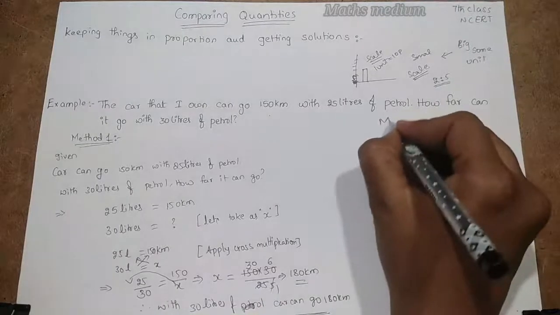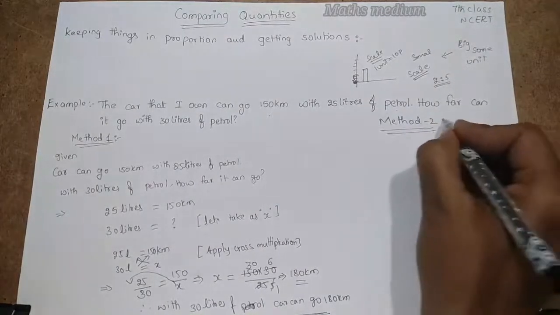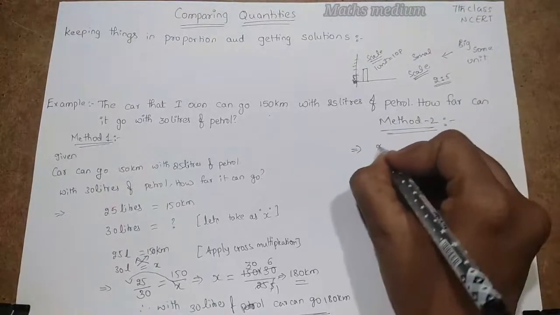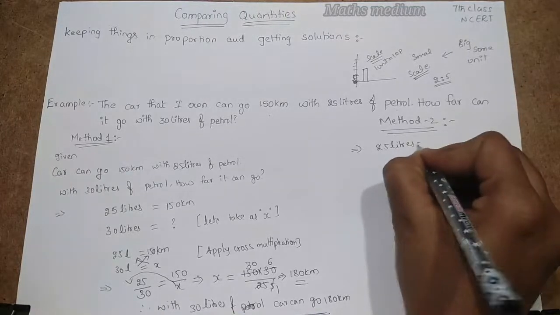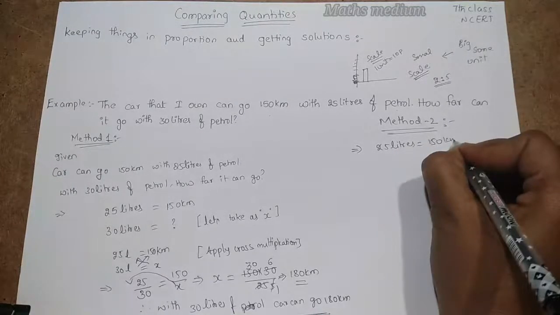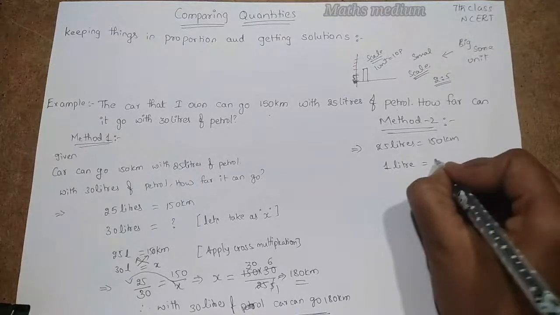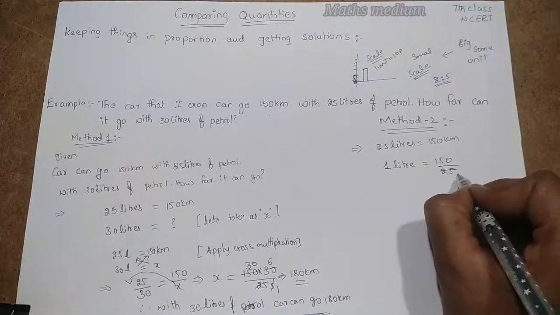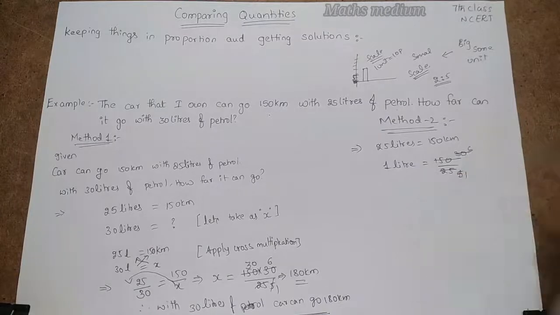Next, method 2. 25 liters is equal to 150 kilometers. So 1 liter is equal to 150 by 25. Now, 5 5s are 25, 5 6s are 30.